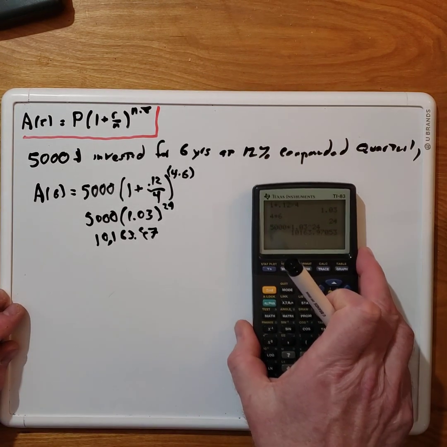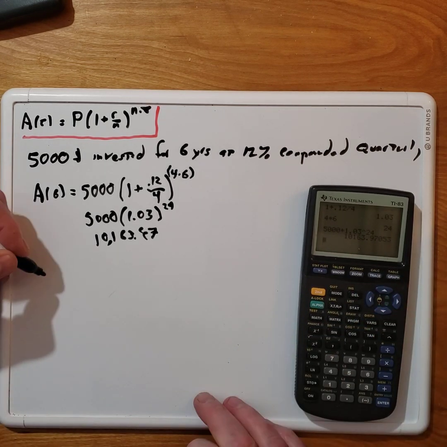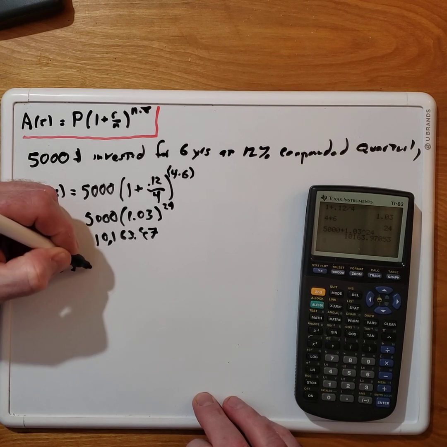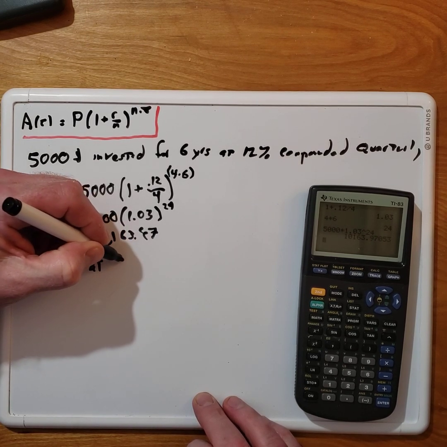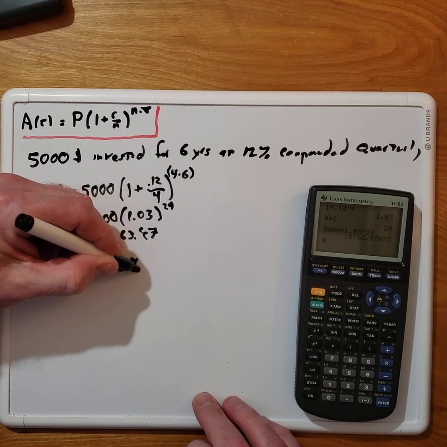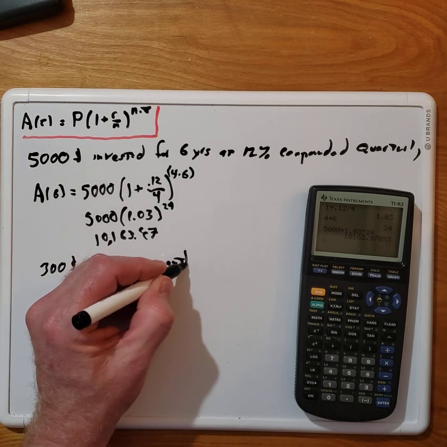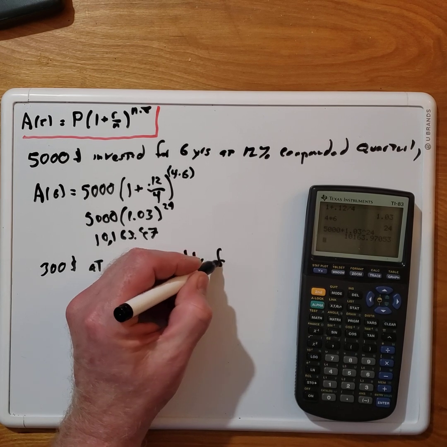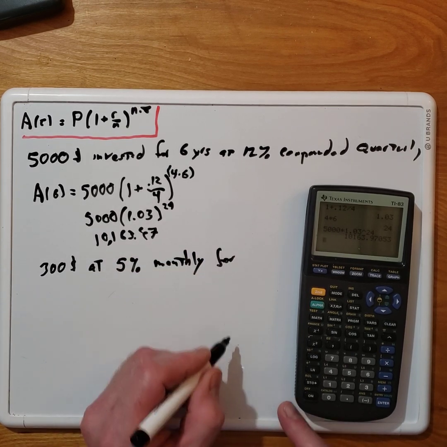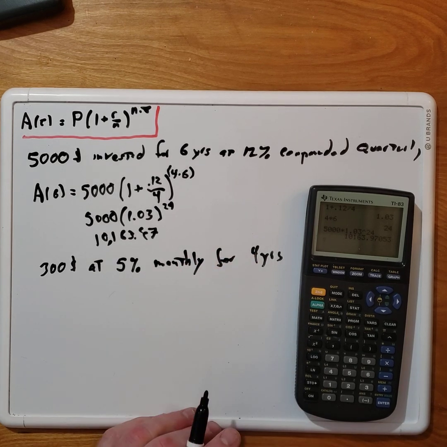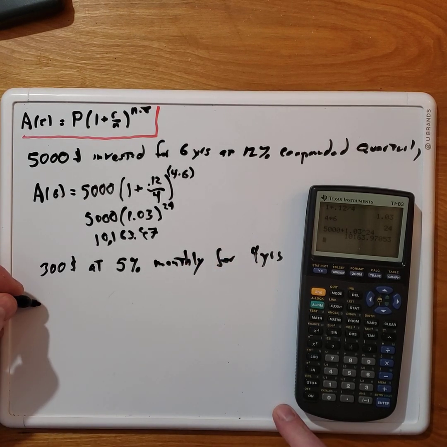Let's do another one. Let's take just a few $100s at, let's say, 5% compounded monthly for, let's just go a few years, 4 years. Right?